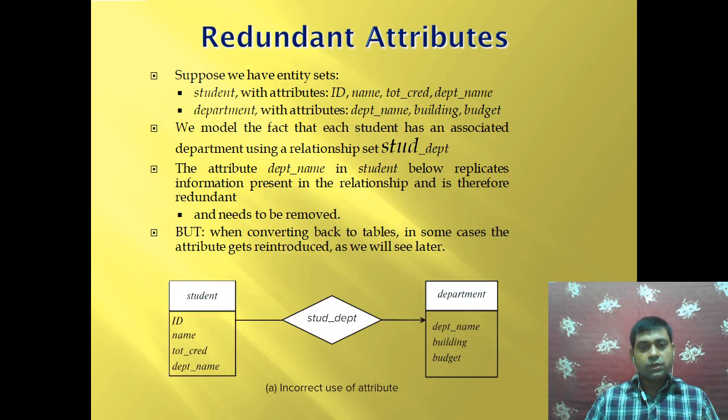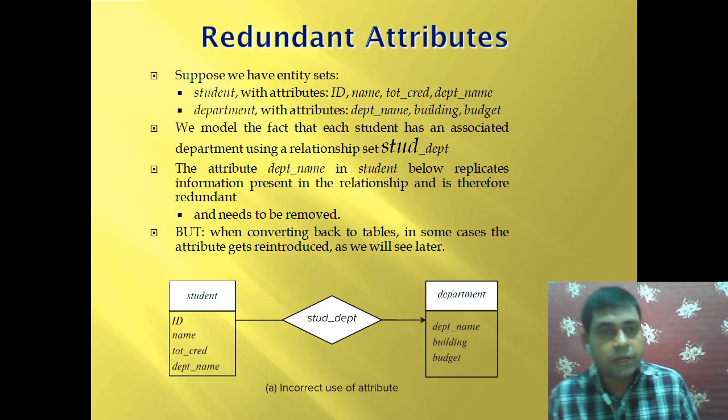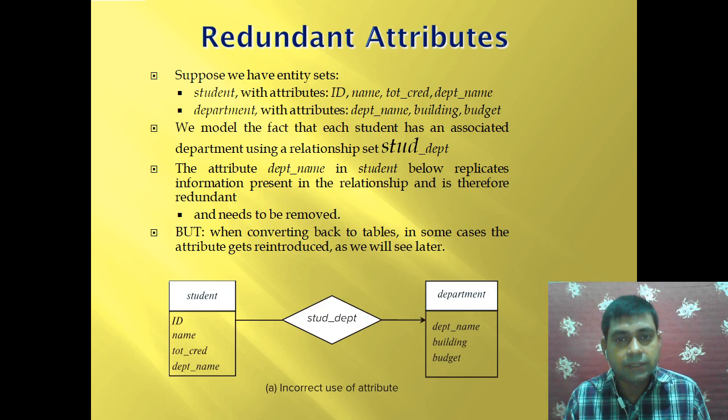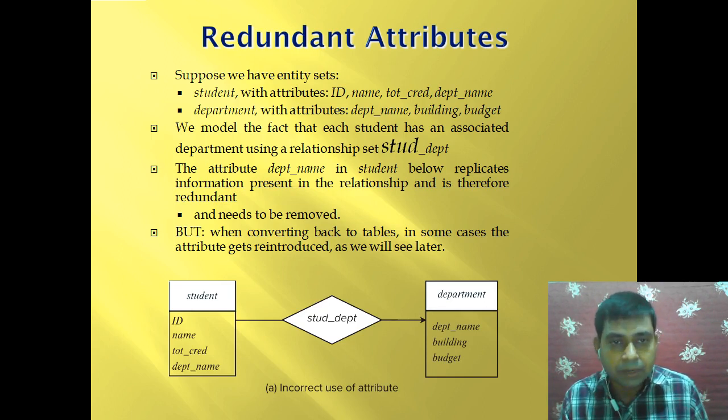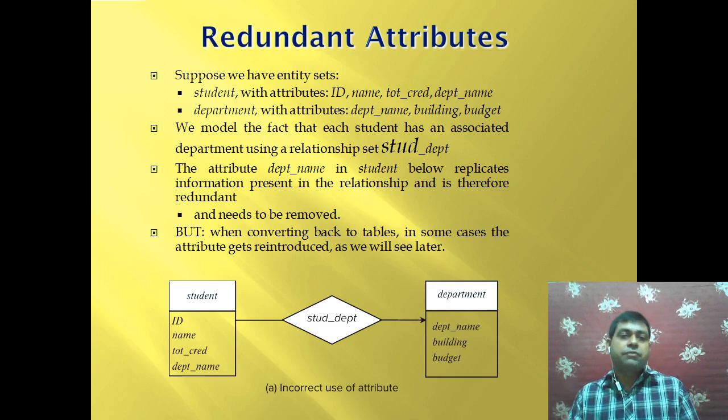Now going to the redundant attributes. Suppose we have entity sets, the student with attributes ID, name, total credit, department name, and the department with attributes department name, building, budget, etc. Here we model the fact that each student has an associated department using a relationship set stud_dept.